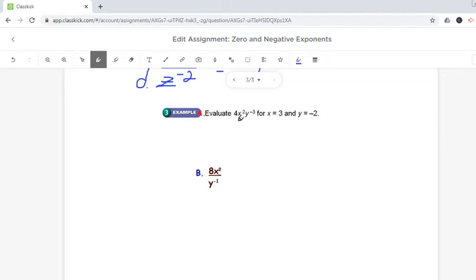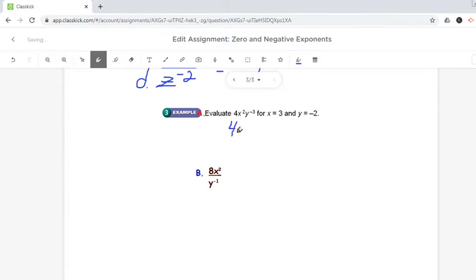Next, evaluate 4x squared, y to the negative third for x equals 3, and y equals negative 2. All right, so we will just plug in these numbers into here.